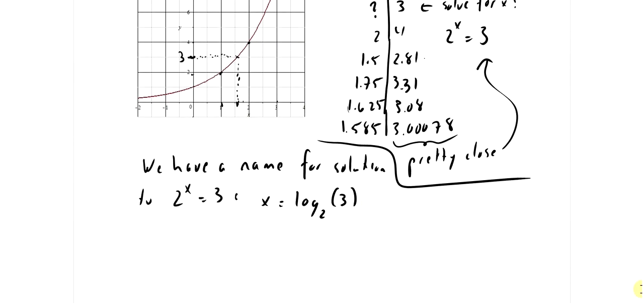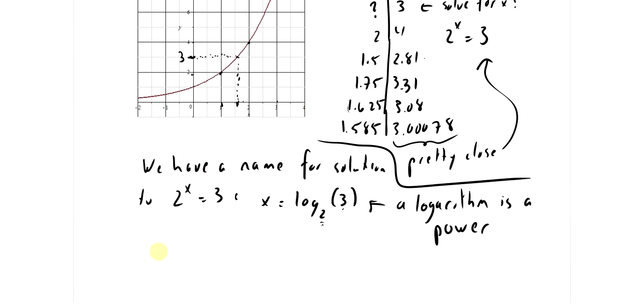Right? And what is a logarithm? In this example, and in general, a logarithm is a power. This is the number, it's about 1.585, that you raise 2 to get 3. It's the solution to this equation.